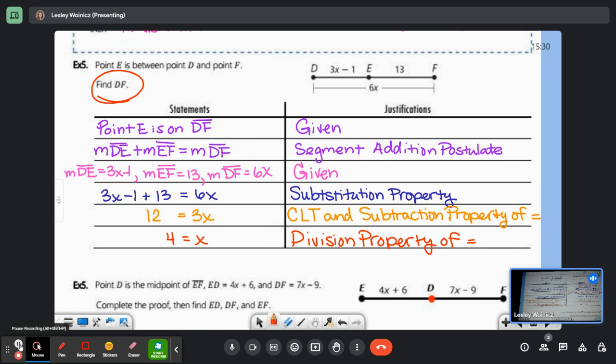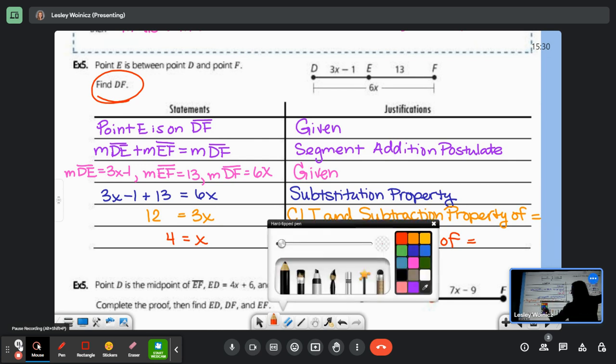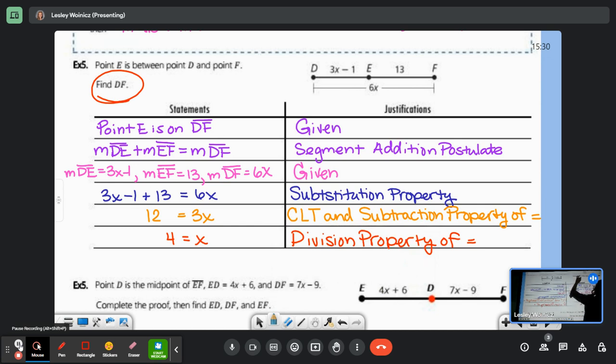Okay, so now we can because we know x. So the measure of DF is, well, it says it's 6x. What do we know that x is? Okay, so 6 times 4? Yes.